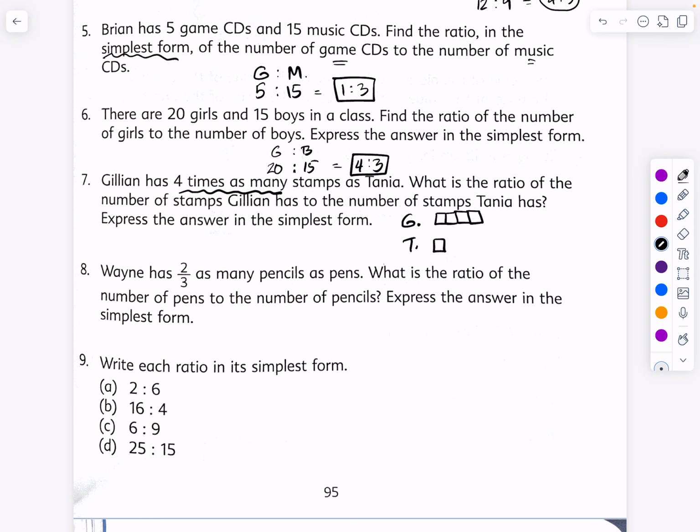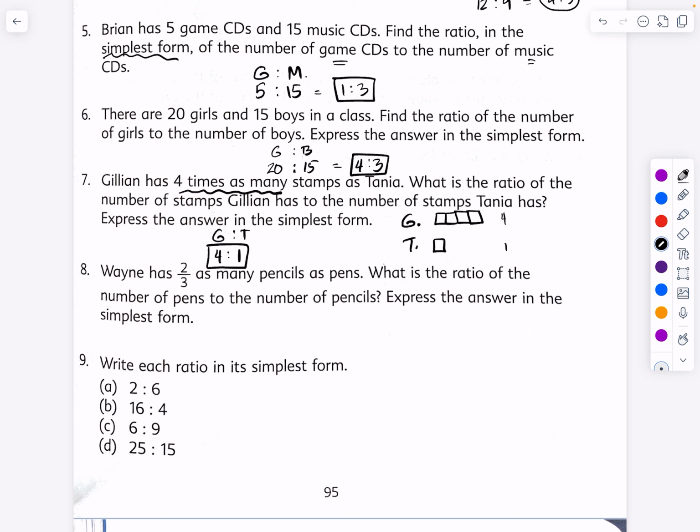Then Tanya. What is the ratio? Well, we have 4 units to 1 unit. So Jillian to Tanya, G to T, would be 4 to 1. The stamps are in ratio 4 to 1. And it is in simplest form. I'm going to box my answer.